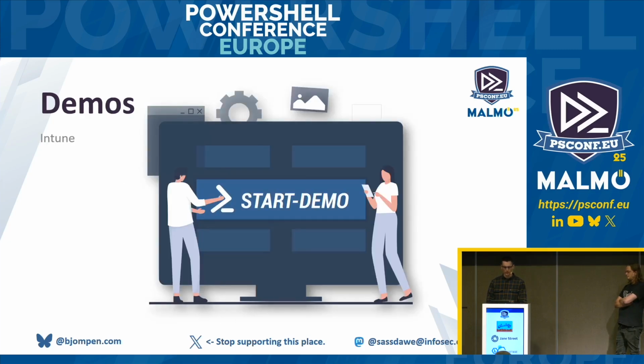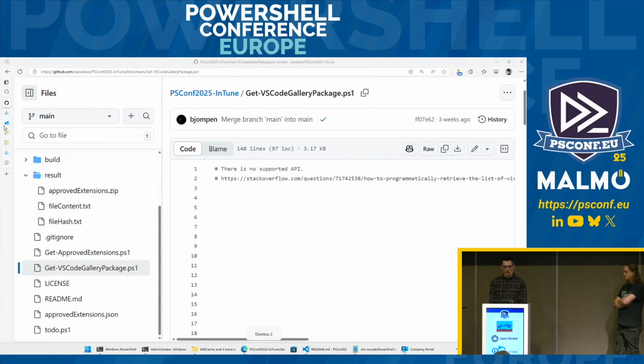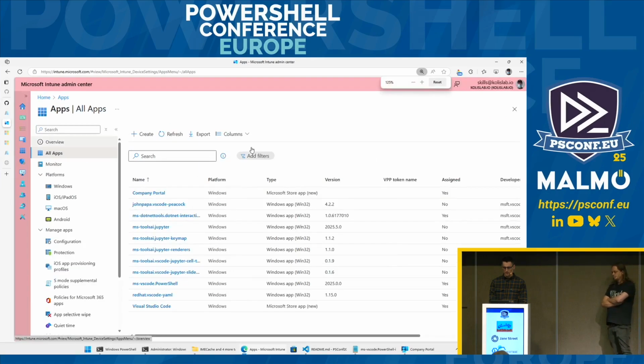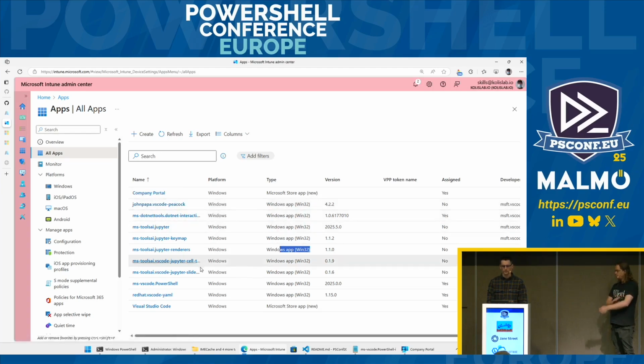And I'm jumping over to the Intune demo right away. In Intune, the best way to deliver what you need with the most freedom is to deliver Win32 applications, because in Win32 applications you can create an install script, and in that install script you can do whatever you need to do.